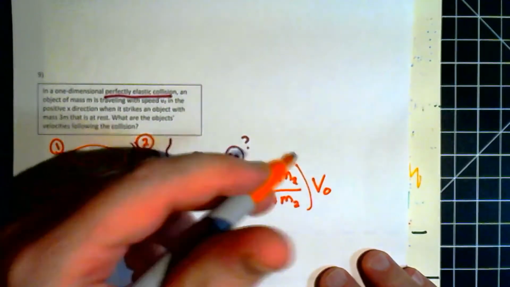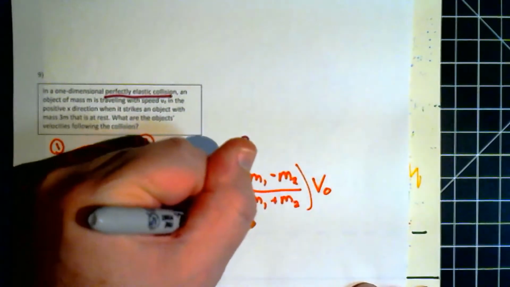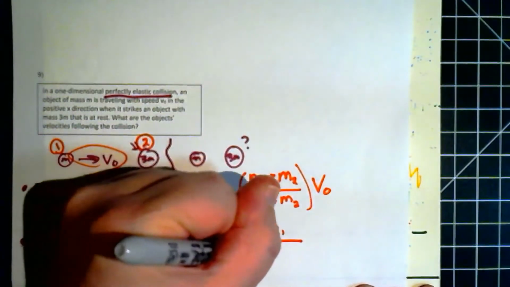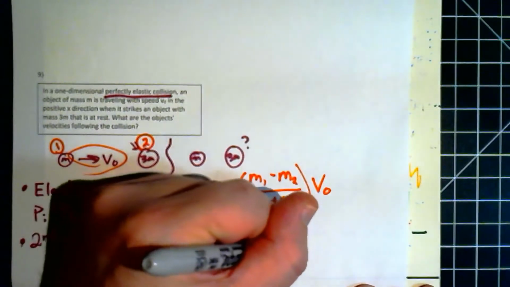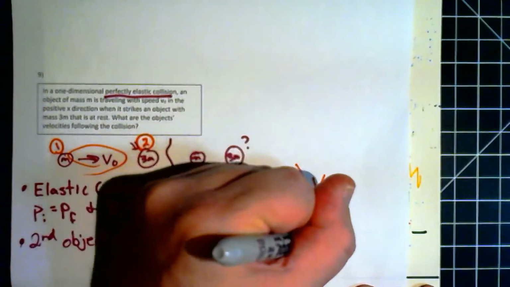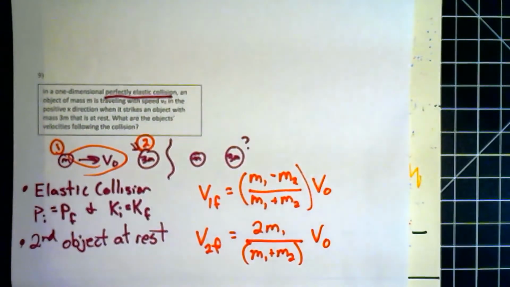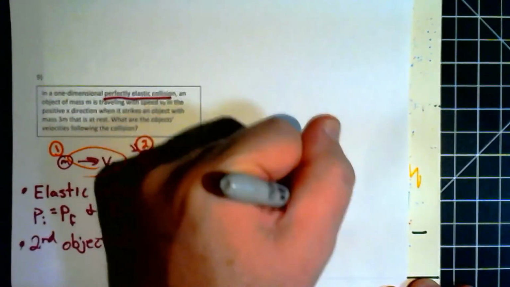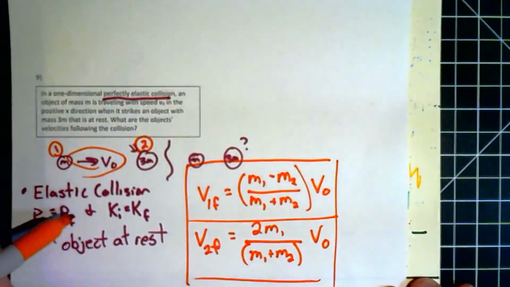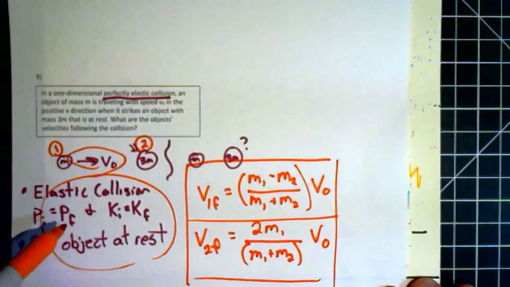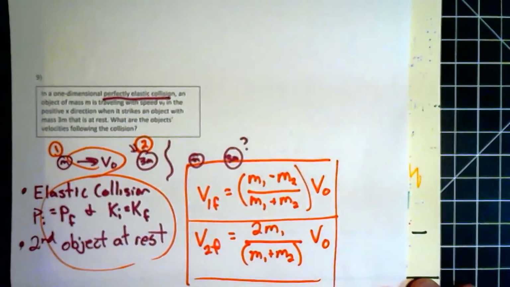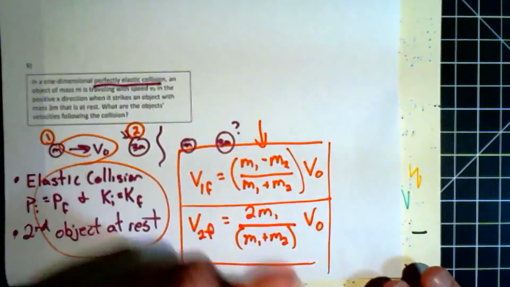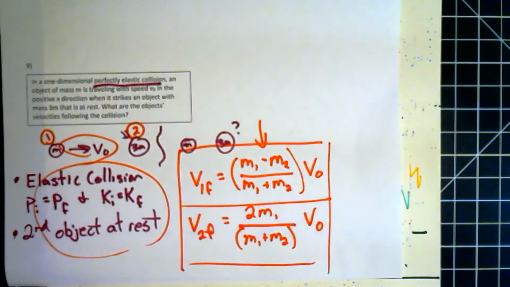And then for the second equation, you'll have 2 times the first mass divided by the sum, m1 plus m2, once again multiplied by the initial velocity. And so these two super secret special equations are a result of this information that they give us. All right, so I just have this on hand for checking what happens.